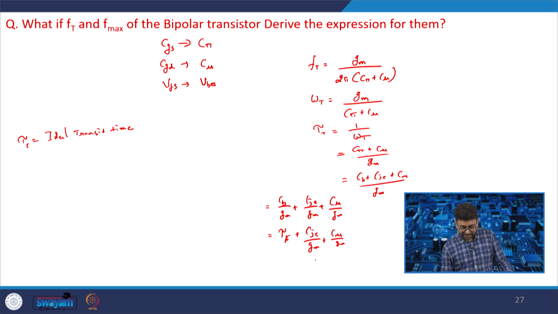Now, what will happen when your current is more, and when your current is less?